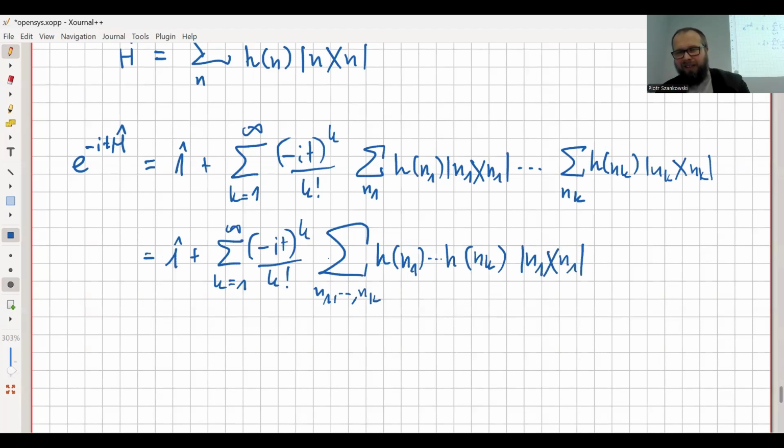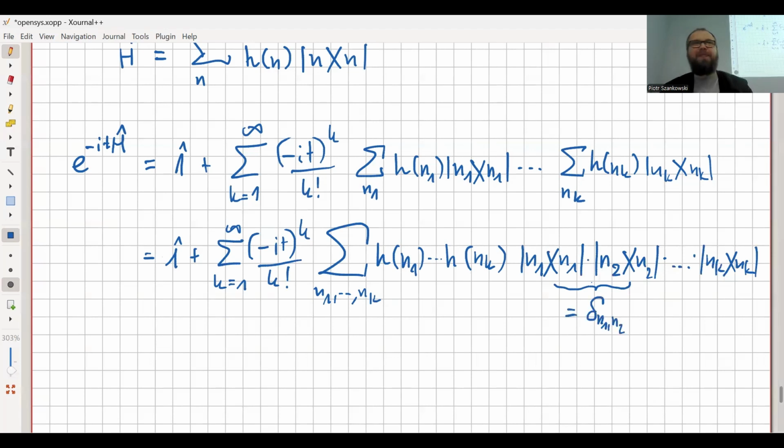So we have this, and this acts on n2, bra n2, and so on, to nk, bra nk, right? But these are orthogonal states. Eigenvectors of a Hermitian operator are orthogonal, they form bases, right? So this is just delta n1 and n2, okay?